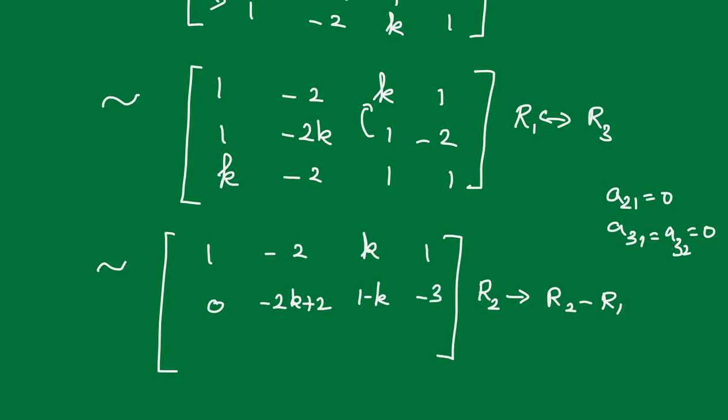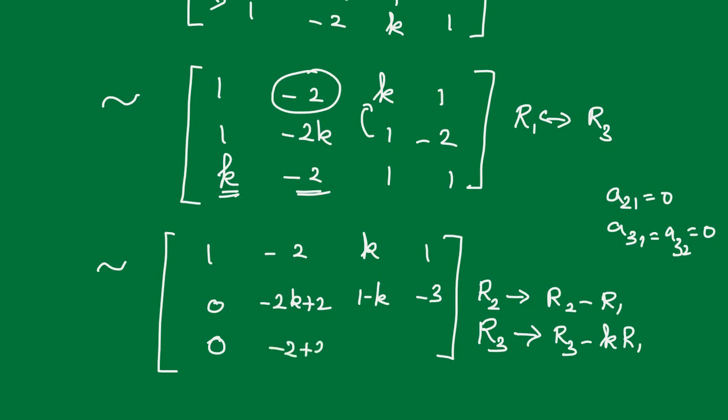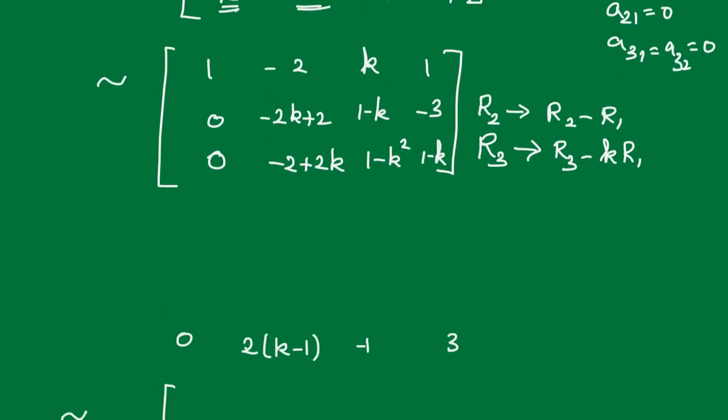The next transformation, R3: I'm going to bring this element to 0. So R3 tends to R3 minus k into R1. So k minus k gives us 0. Here minus 2 and minus of minus 2k gives us minus 2 plus 2k. Next 1 minus k squared. The next element is 1 minus k. So we have brought the A21 and A31 elements to 0.